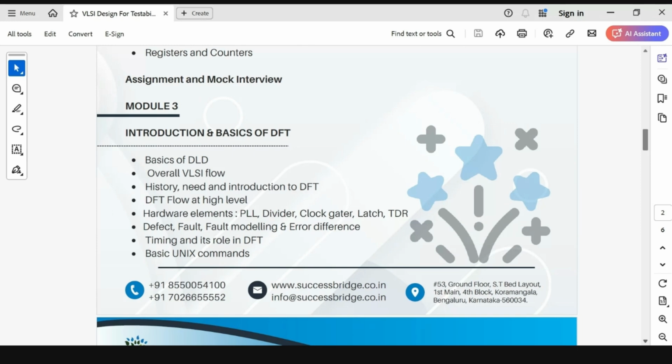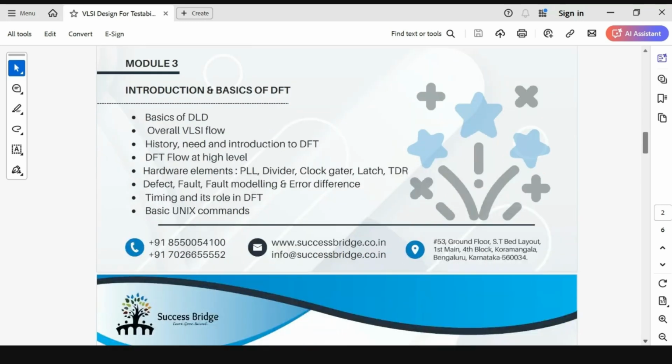So introduction and basics of DFT. Everything will be taught to you with assignments and mock interviews. After completion of each and every domain, you'll have assignments and mock interviews. So basics of DLD, overall VLSI flow, DFT flow at a high level, hardware elements.